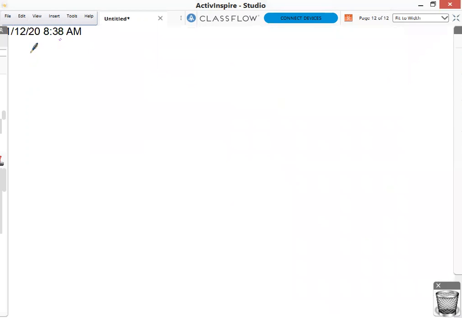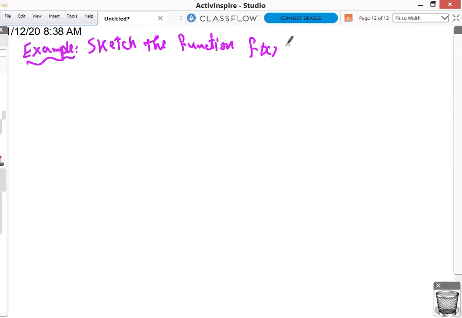Then let's take another example. Sketch the function f of x equals x squared.